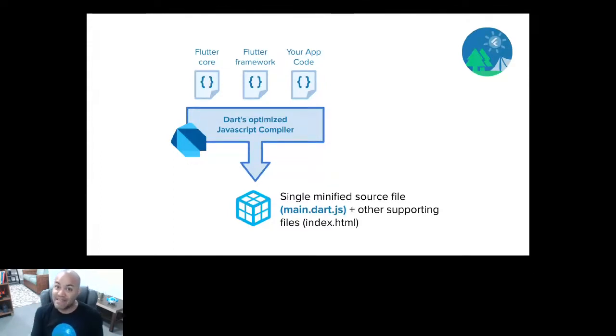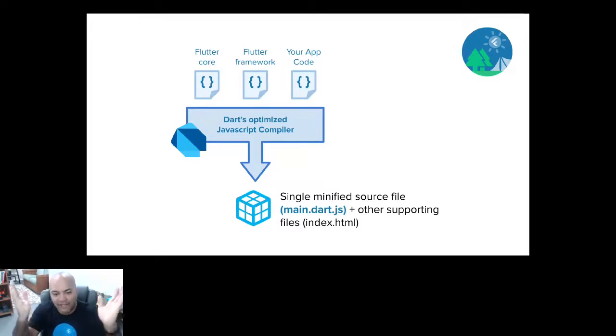So you see at the end, how does it work? It generates a JavaScript, because again, the web is still powered by JavaScript and HTML and CSS. So Flutter wanted to play really nice and say, okay, all our Flutter code will still compile through JavaScript, through Dart's optimized JavaScript compiler, which is called Dart2JS.